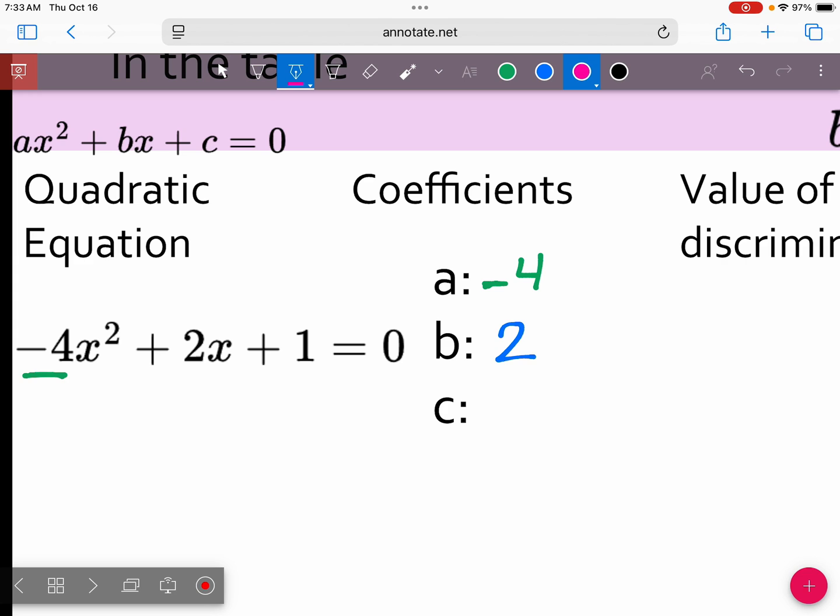And then our C is 1. So we're finding those from our equation over here. So when in doubt, kind of match it back up here. So A is always in front of the x squared, B is always in front of the x, and C is my number that doesn't have anybody's with it.